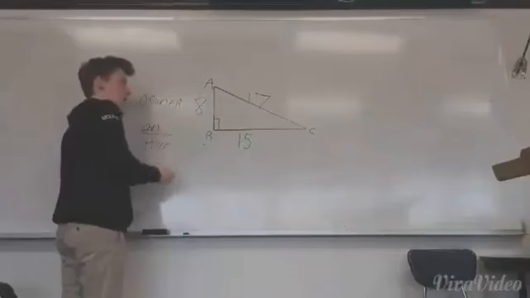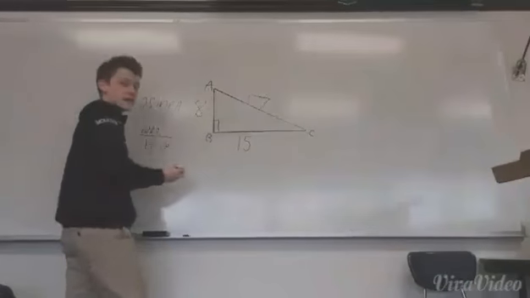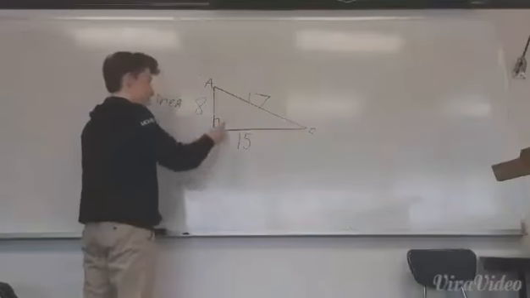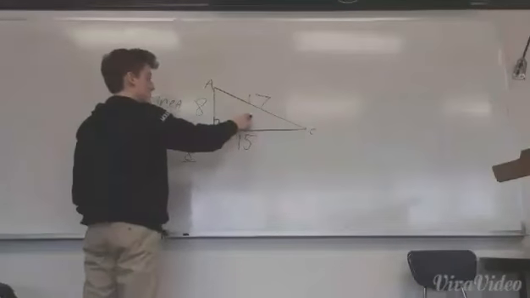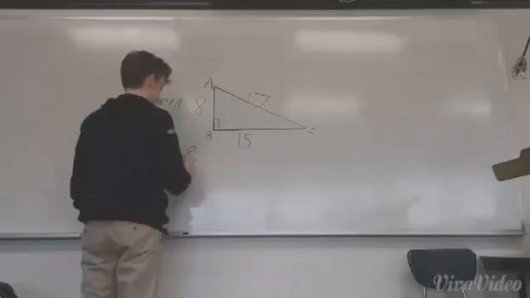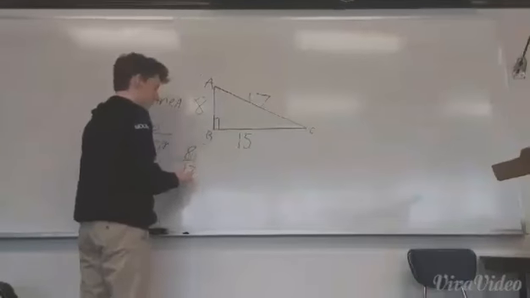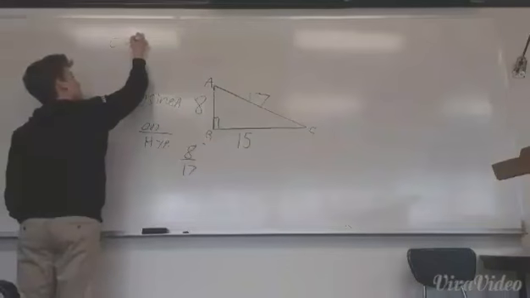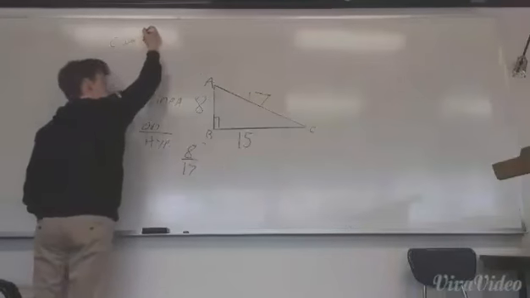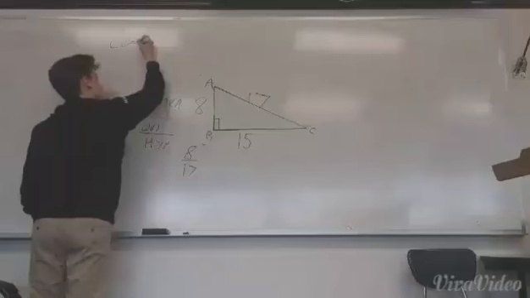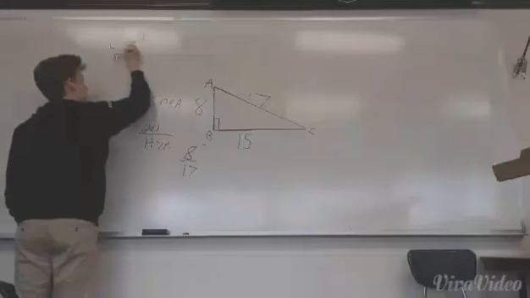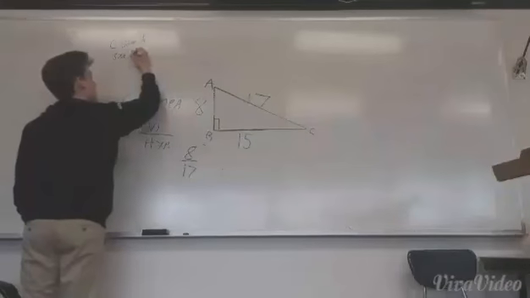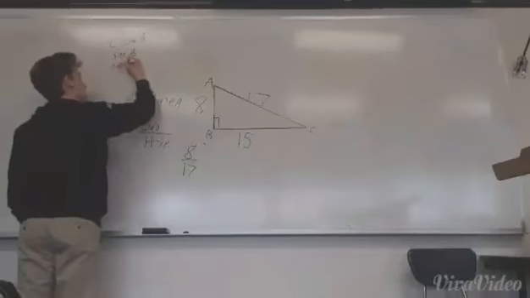The adjacent of A would be 8 because it's not the hypotenuse and it's not opposite, so it's 8. Hypotenuse of A would be 17. So that's what we have for cosine. So let me just write it all up here. Cosine would be 8 over 17. Sine would be 15 over 17. And then our tangent friend over here.